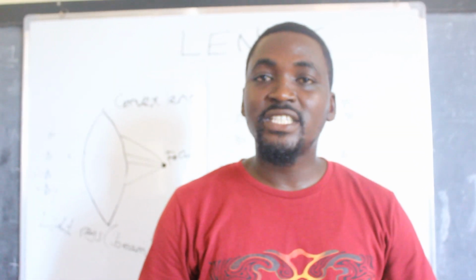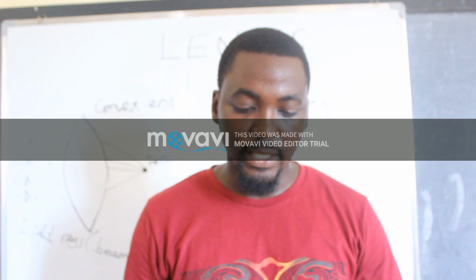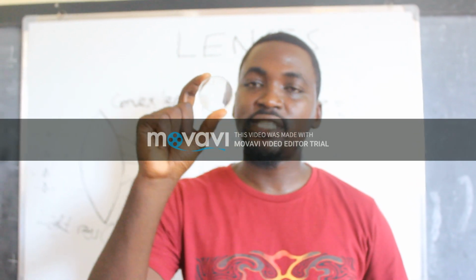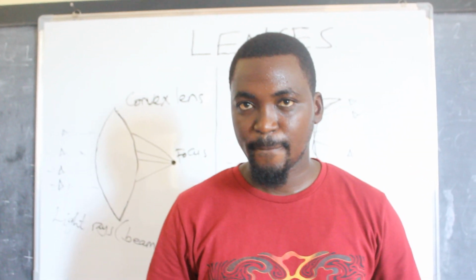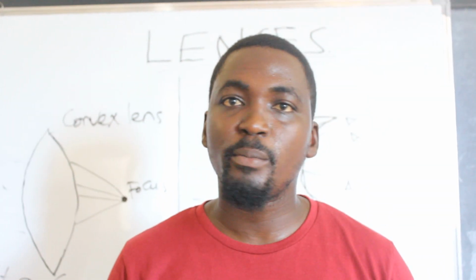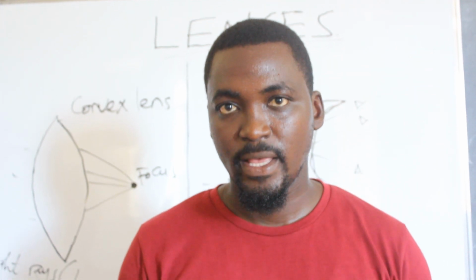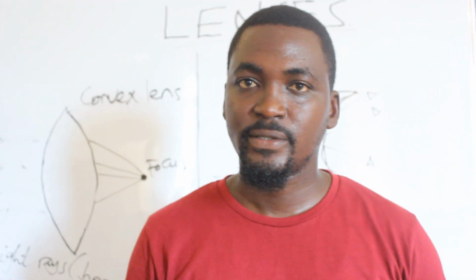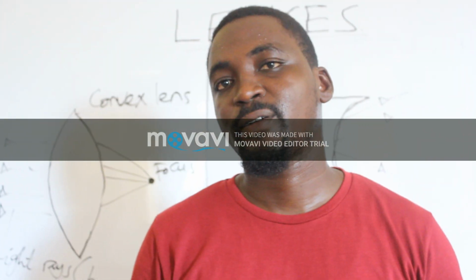So in order to correct that problem, he or she needs a spectacle with a concave lens, so that he or she can be able to see distant objects. So concave lenses are also applied in many machines, just like spectacles and other things.